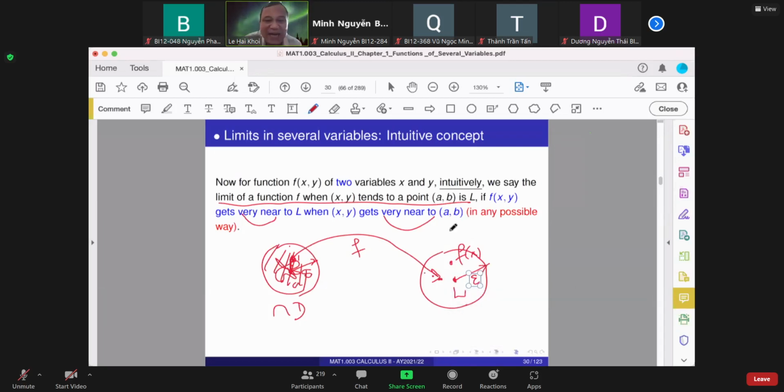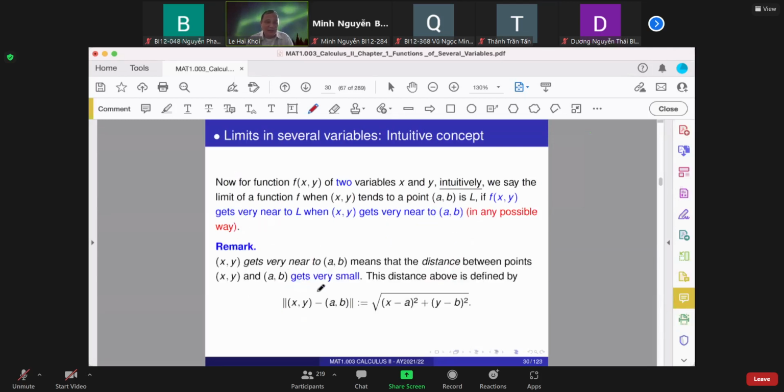So how about near? Distance. How about distance in R2? This is the distance. If I denote this point by P, and that (x,y) by M for moving, M stands for moving, and P here is a fixed point.